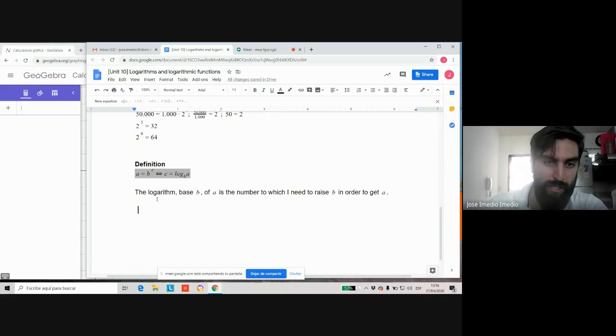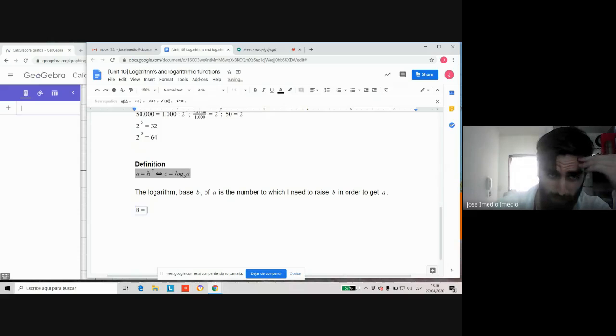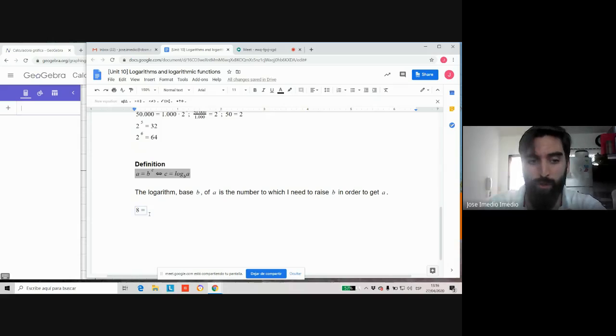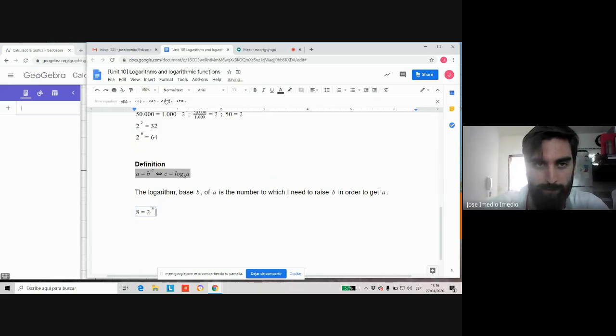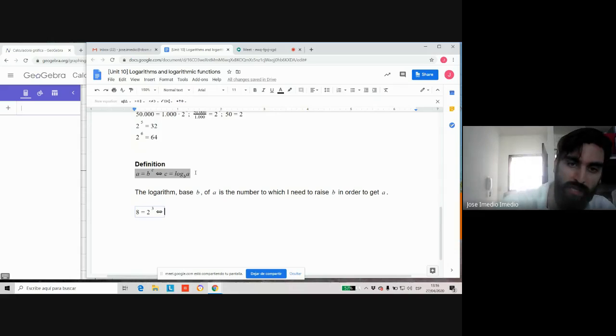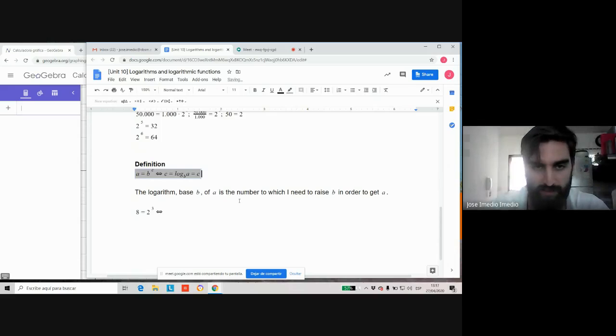So in that case, what we're going to say is that 8 equals 2 raised to the third power, right? So this is equivalent to saying that, sorry, I missed something here, equals c, okay?